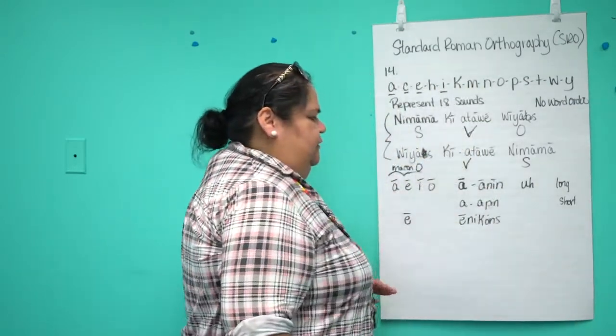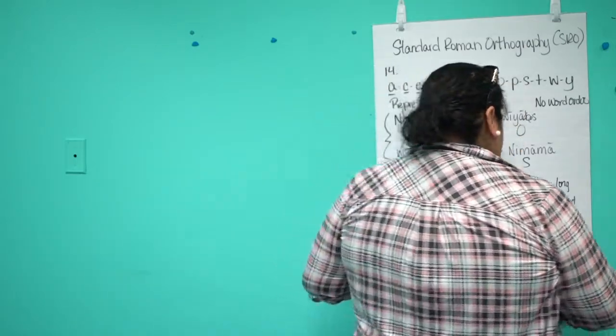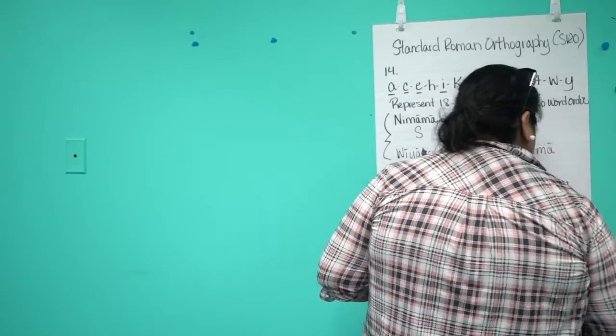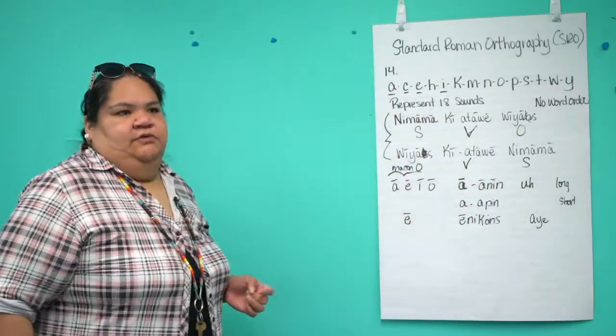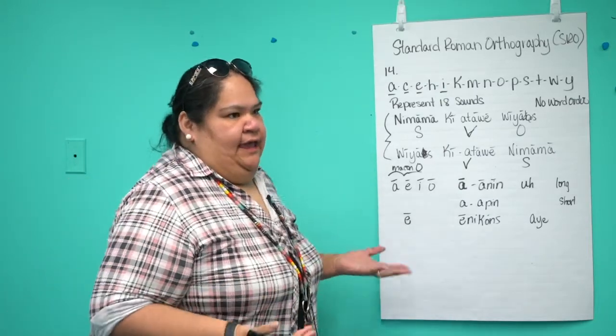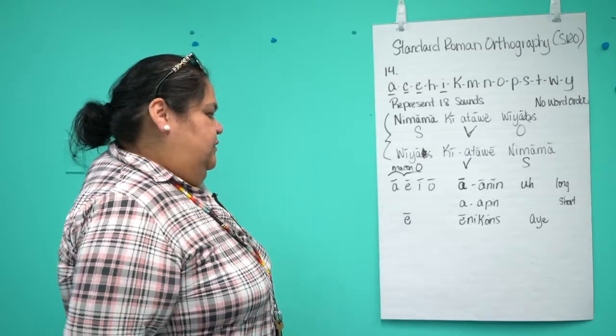Anigons is like this, I guess. A. So when you see the E with the macron, it always says A. Anigons. Anishinaabemowin.